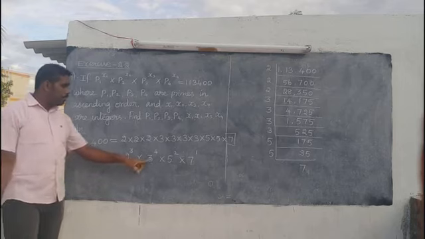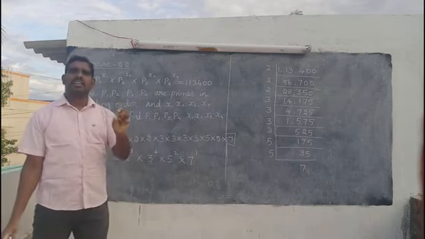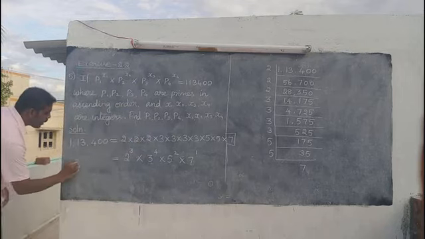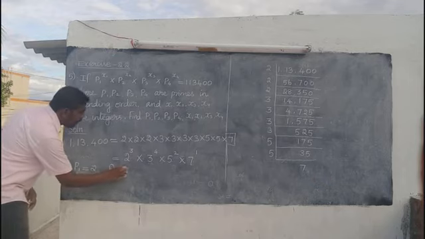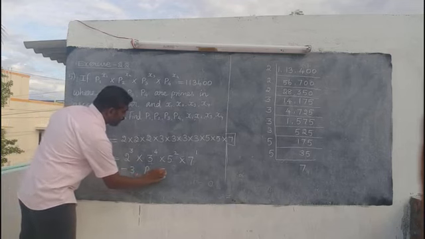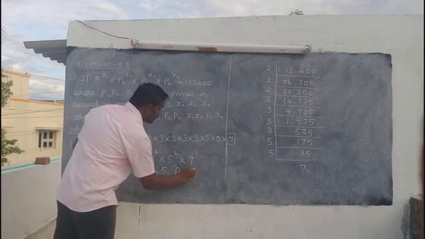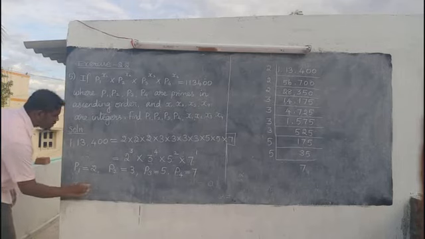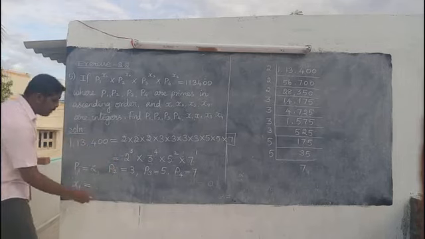Here every prime number 2, 3, 5, 7 is in ascending order. So the first prime number P1 is equal to 2, second prime number P2 is equal to 3, third prime number P3 is equal to 5, fourth prime number P4 is equal to 7. Where x1 is the power of P1, that is 3.